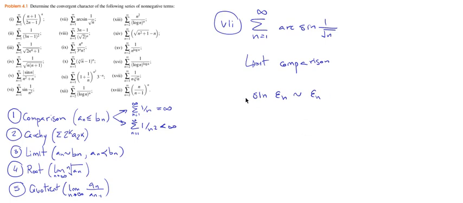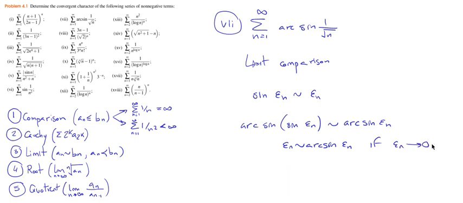Well, if we take the arc sine on both sides, we can say that the arc sine is asymptotically equivalent to epsilon sub n as well, if epsilon sub n is going to 0.